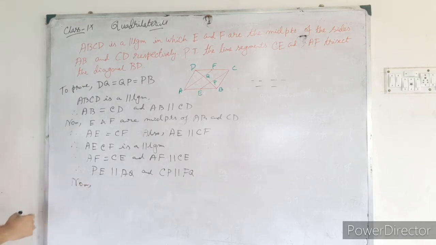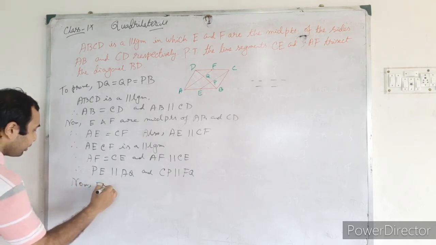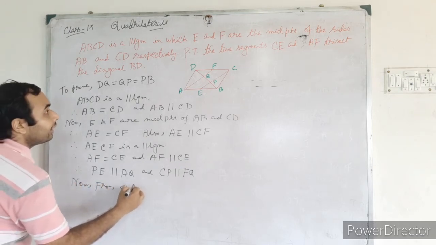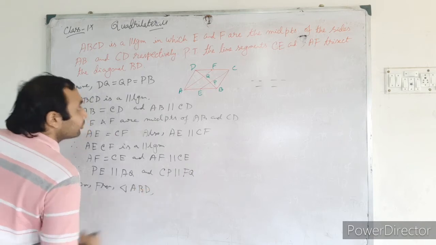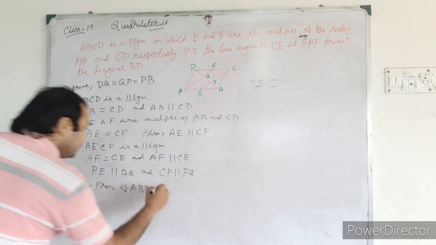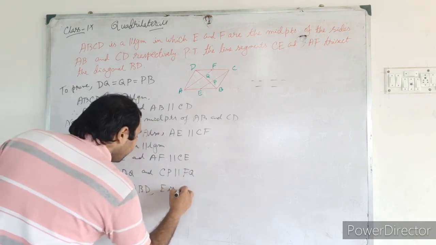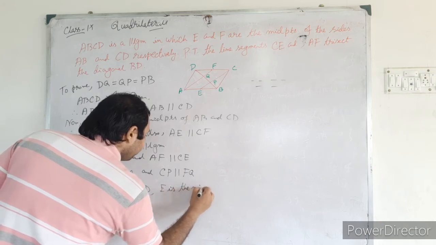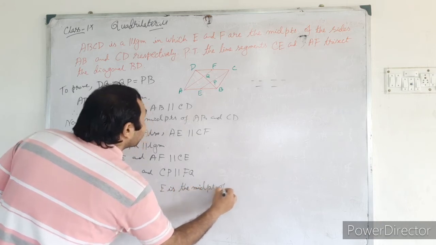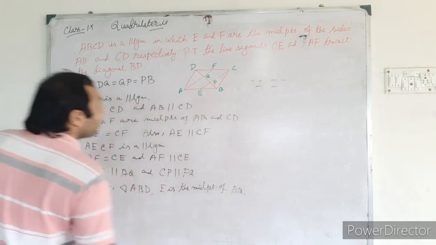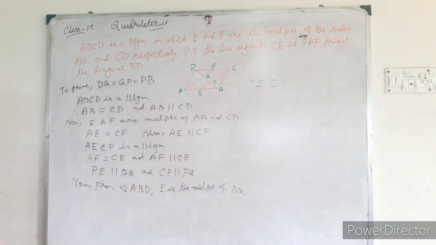Now from triangle ABD, what are we getting? E is the midpoint. It is given. E is the midpoint of AB. Okay, another thing it is given.